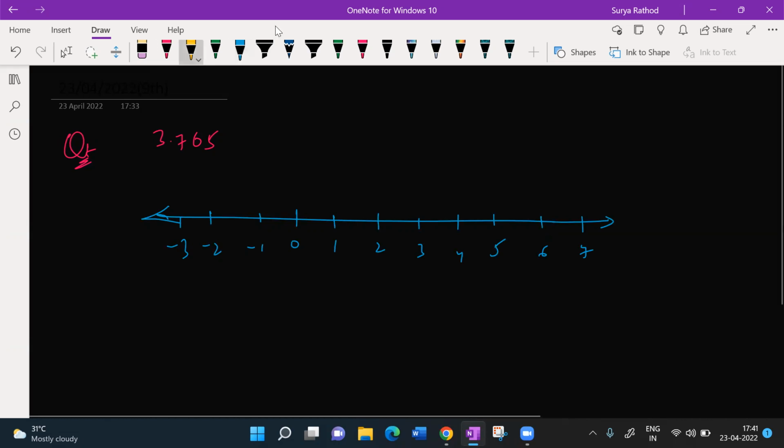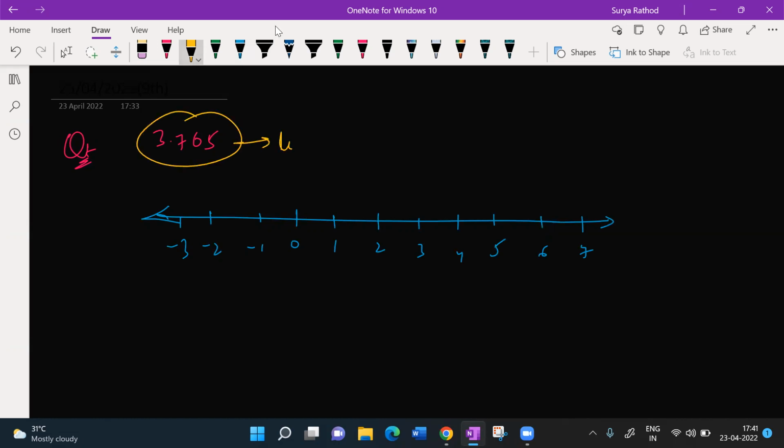See where this number lies between? It lies between 3 and 4. So 3.7 and 3.8.